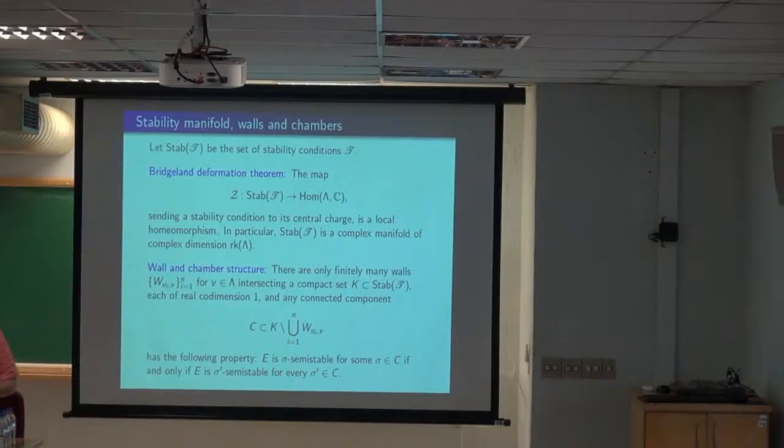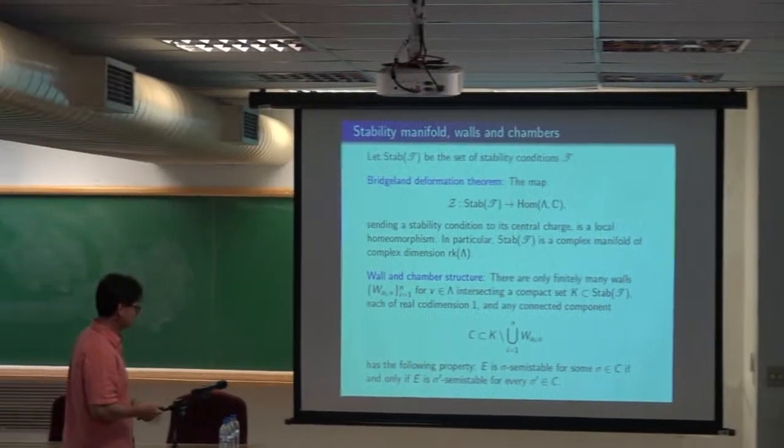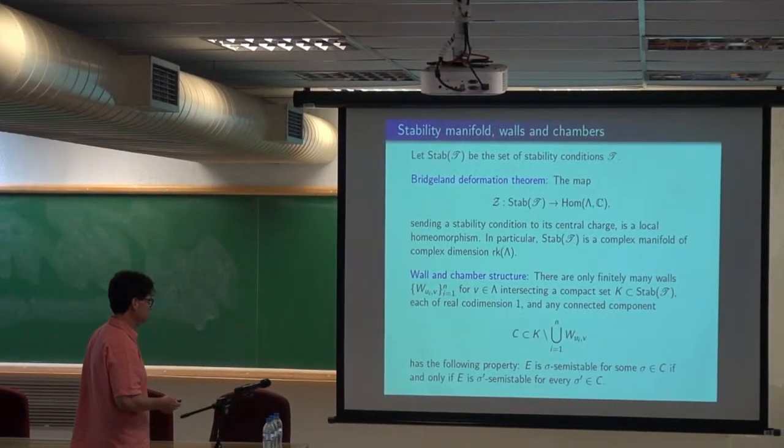What the ant does is, she takes the backpack off, selects the objects that became unstable, throws them away, replaces them with some other objects that are now stable, and keeps on going with her stability detector until she hits the next wall. Okay? So this was another of Bridgeland's main results in his first paper about this topic.